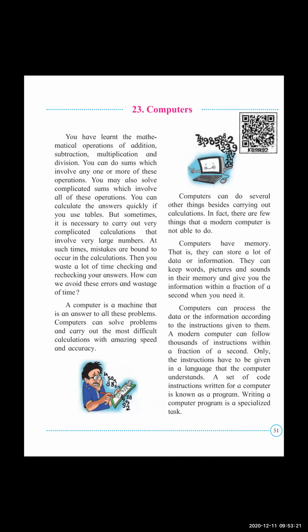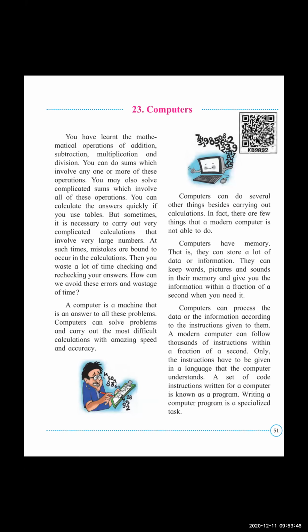Addition: 2 plus 2 becomes 4. If we want to subtract something, we give the example that I have 2 chocolates. One I gave to my friend. How many chocolates do I have? Only one. So how have you solved it? By doing the subtraction. Multiplication, you do every day in your tables. 2 into 2 is equal to 4.